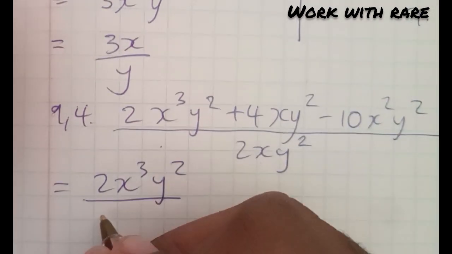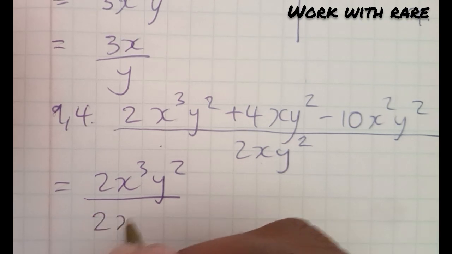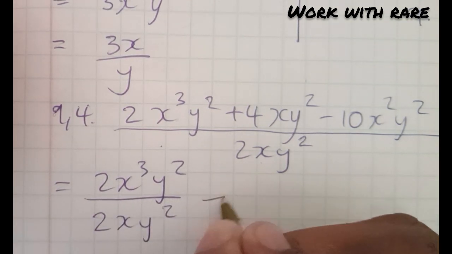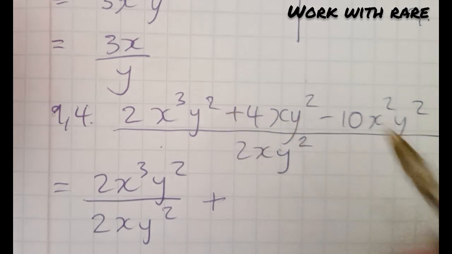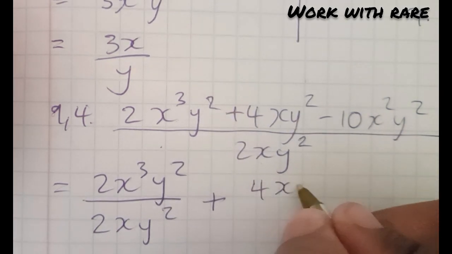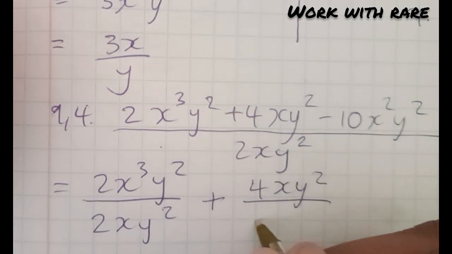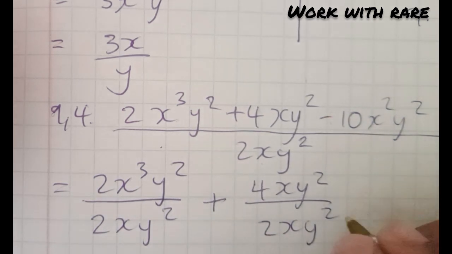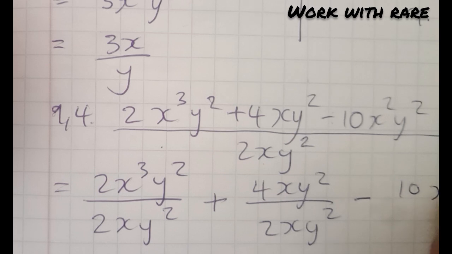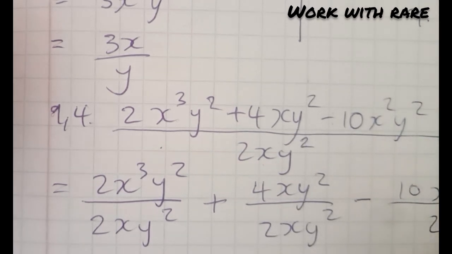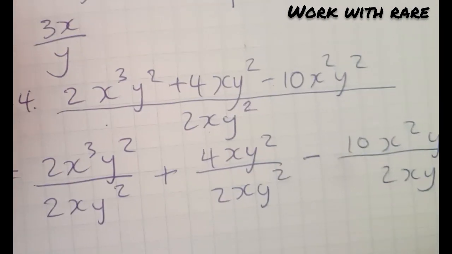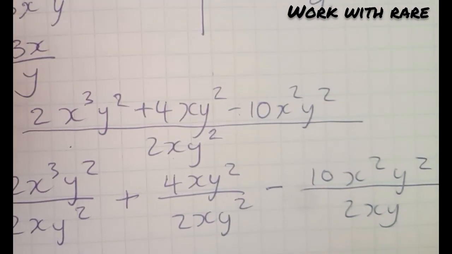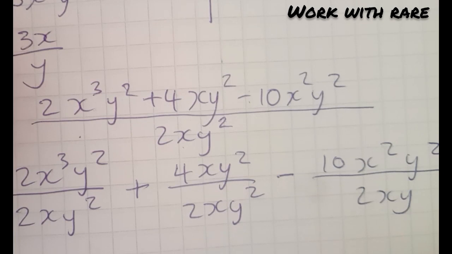So here we'll have 2x cubed y squared, plus, remember, the same, 4x y to the exponent 2, our numerator doesn't change, minus 10x squared y squared. Write it the way it is.